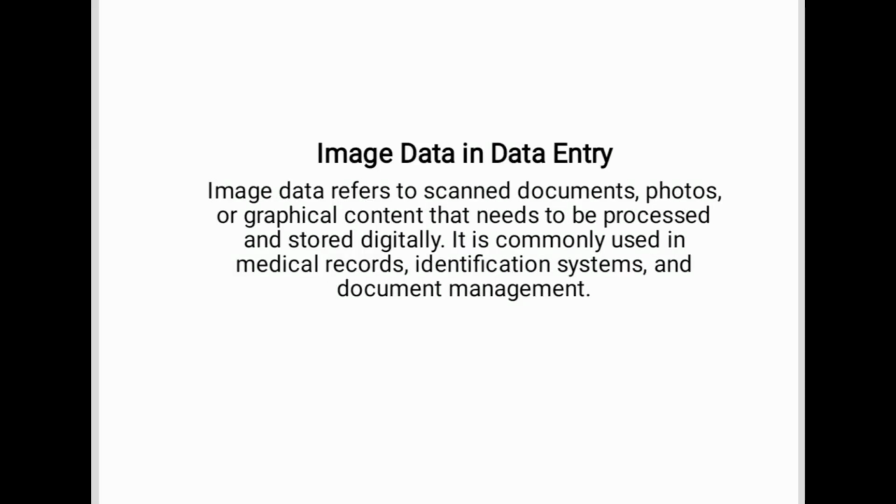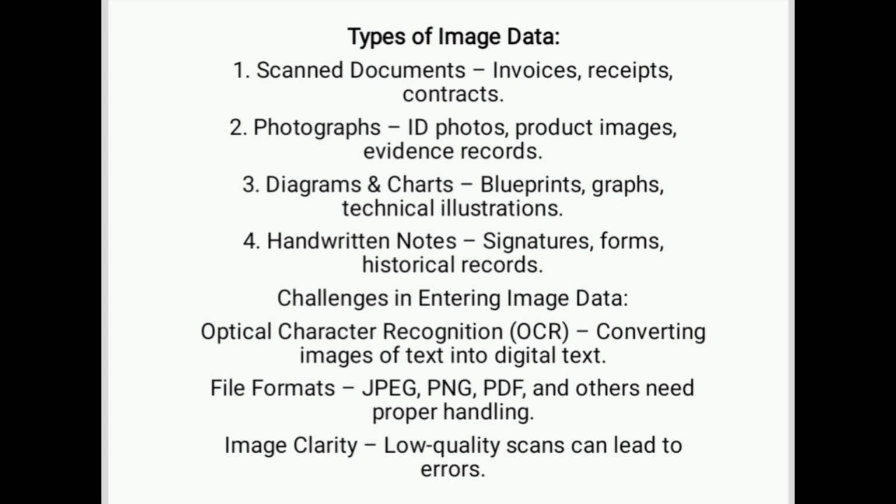Let's proceed to image data in data entry. Image data refers to scanned documents, photos, or graphical content that needs to be processed and stored digitally. It is commonly used in medical records, identification systems, and document management. Here are types of image data: scanned documents, photographs, diagrams and charts, handwritten notes.